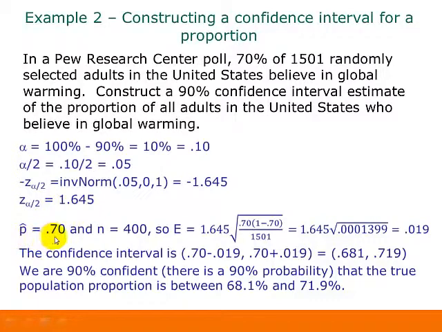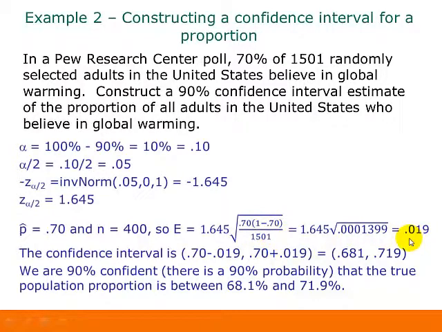In this problem, we were given the sample proportion as a percentage, 70%, so we'll change that to decimal form as 0.70, and our n is 1,501. So our margin of error is 1.645 times the square root of 0.70 times 1 minus 0.70 divided by 1,501.